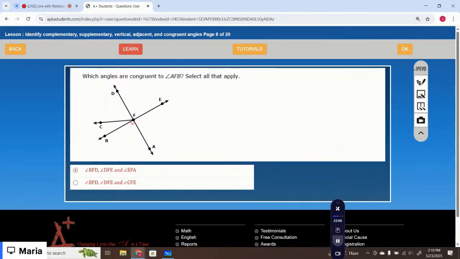They are all congruent to angle AFB. Okay, you can complete the lesson by yourself in just one minute.